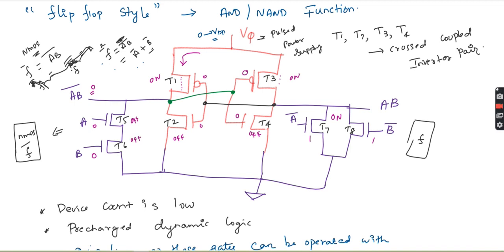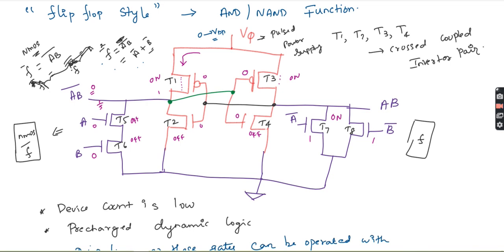So when I give this, this value already gets passed. This is on, then AB bar will get charged. We don't have a capacitance here, so I will get the output because of this. When VDD flows over there, it will be charged because the transistor is on, meaning I will get 1.